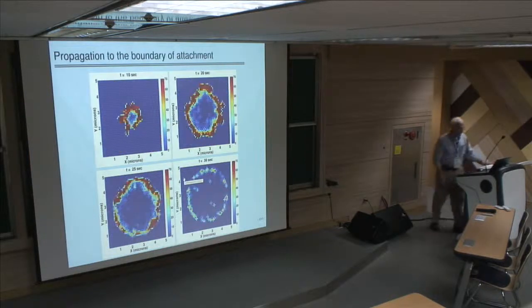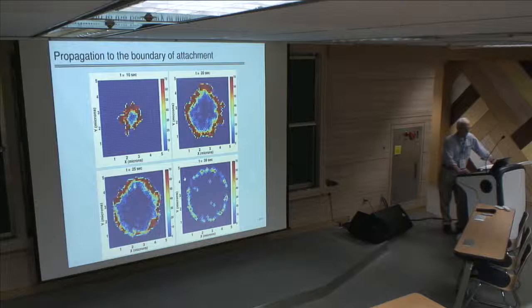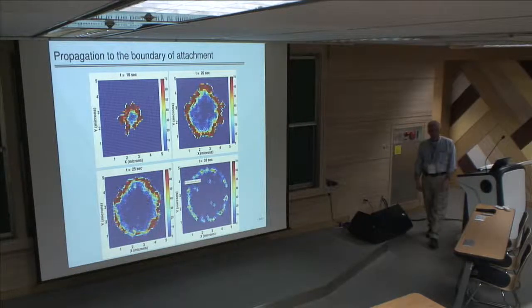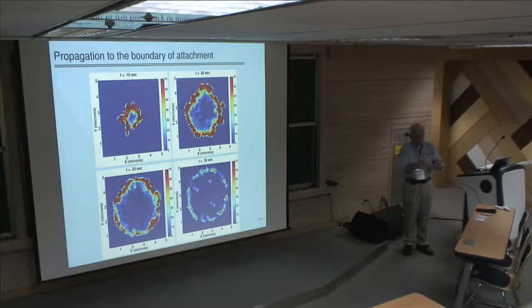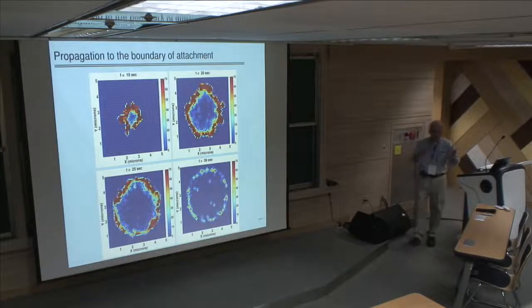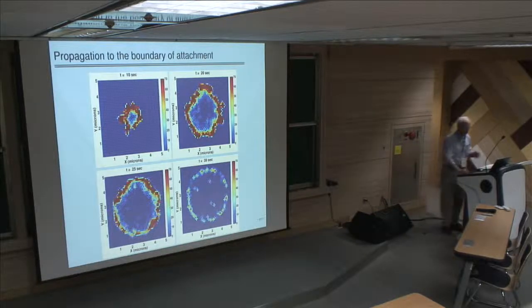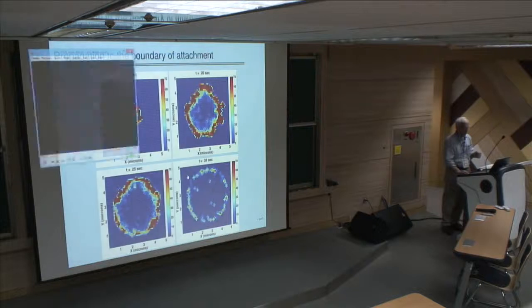And to answer one aspect of what Othmer was raising, what happens to this moving boundary problem? Well, the cell is attached to the surface, so there's some fixed boundary that determines the overall domain, and the question is, what happens when the wave gets to the boundary?